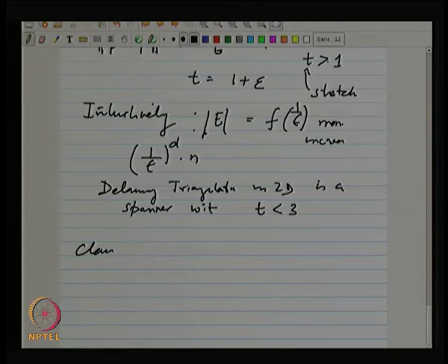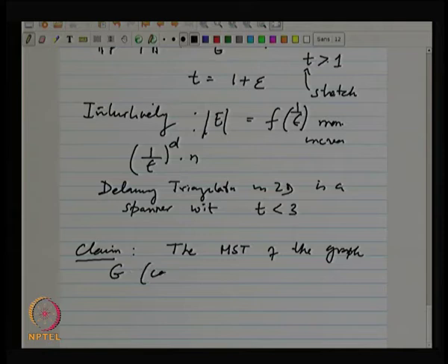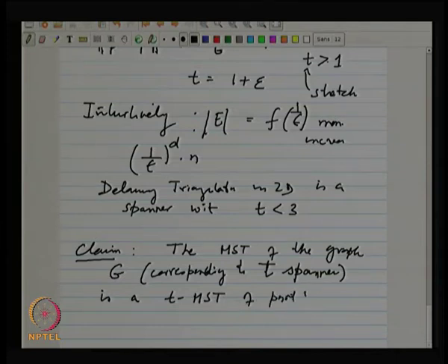So, the claim, which I leave as an exercise, is that the MST of the graph G corresponding to the T spanner is what is called a T-MST of the point set P. So, there is an exact MST.